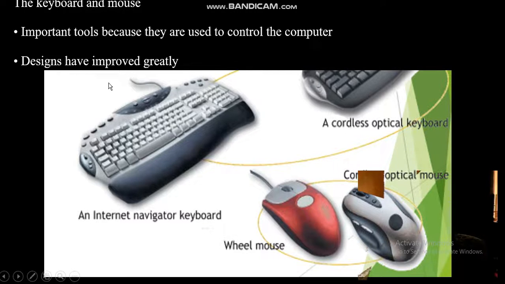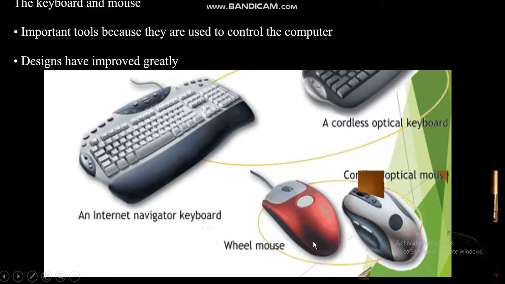So now, going to the keyboard. Keyboards are important tools because they are used to control the computer by typing. Designs have improved greatly. We have a wireless keyboard and a cordless keyboard. The same applies to the mouse.